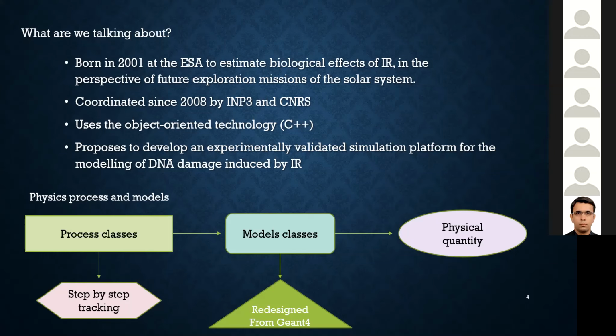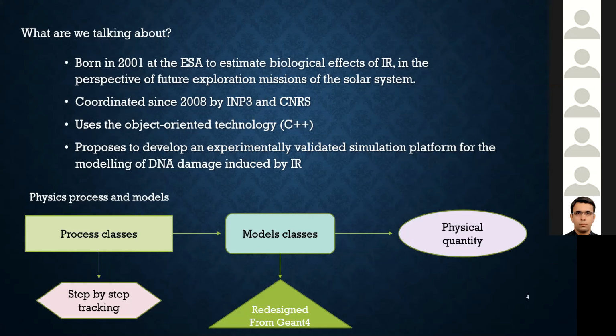We will see later, when I talk about the other articles, that they are in fact doing a validation of all these processes. Why are we talking about processes? Well, we know that when we have irradiation, physical processes occur, and chemical processes occur. So we have to explain these processes by the simulation.